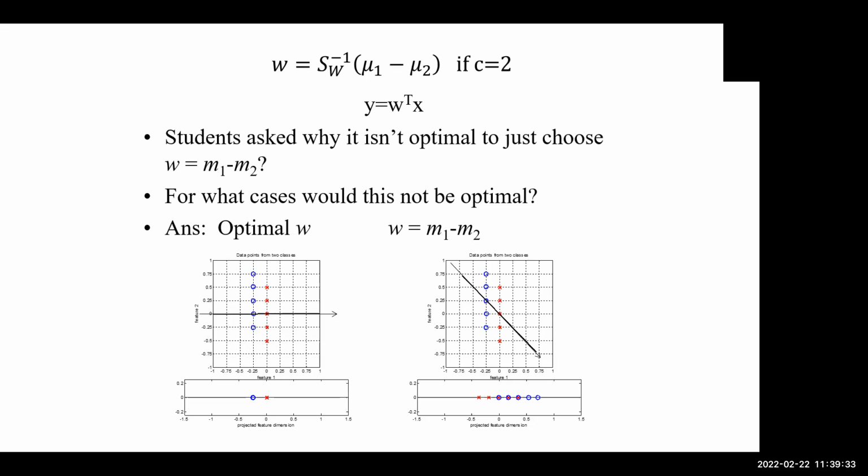And that projection is not optimal because there's a lot of overlap that results from it. So that's why you need to take the difference of the means and scale them by the inverse of your within scatter matrix. Just the difference of the means alone is not adequate.